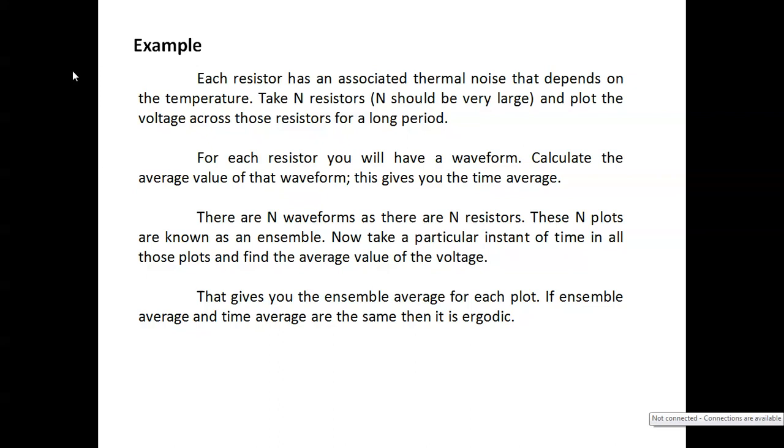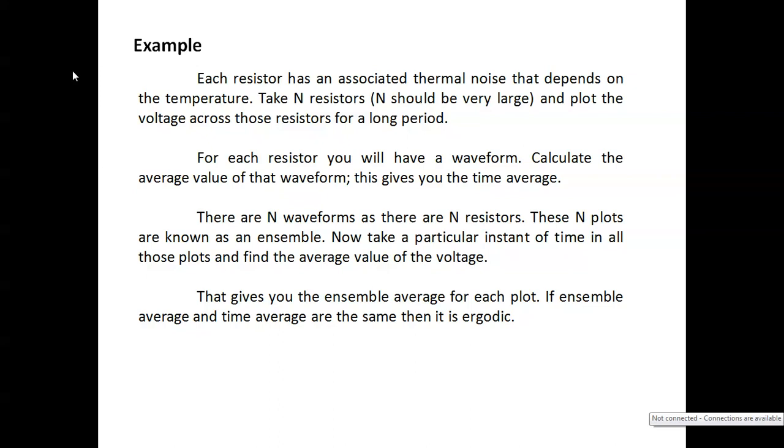Then if you consider 100 resistors, you have to plot 100 waveforms. Based on that, we draw only one single graph. The single graph gives the information about the average of the 100 graphs. Calculating the average value of the waveforms gives you a time average.